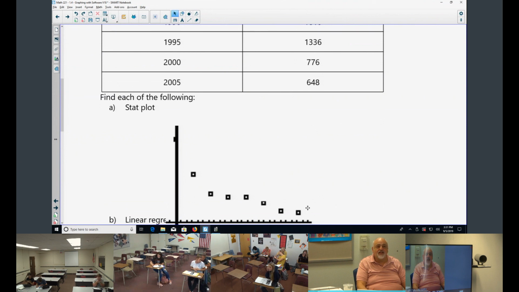Is anyone having any trouble putting the data in or getting the stat plot?